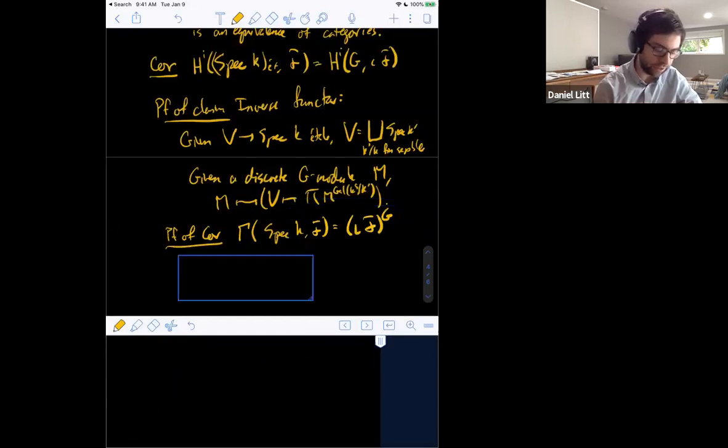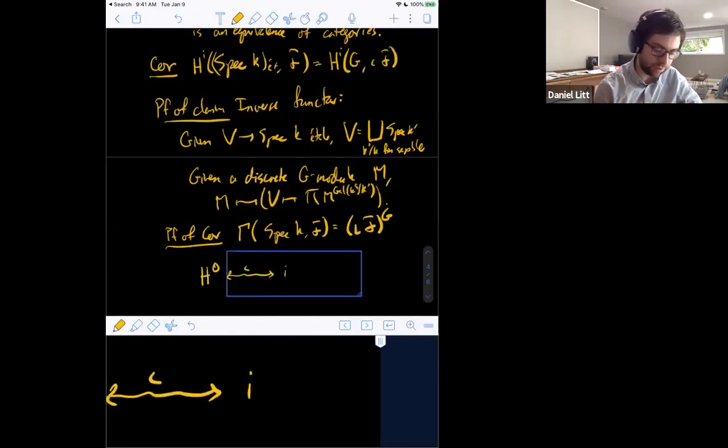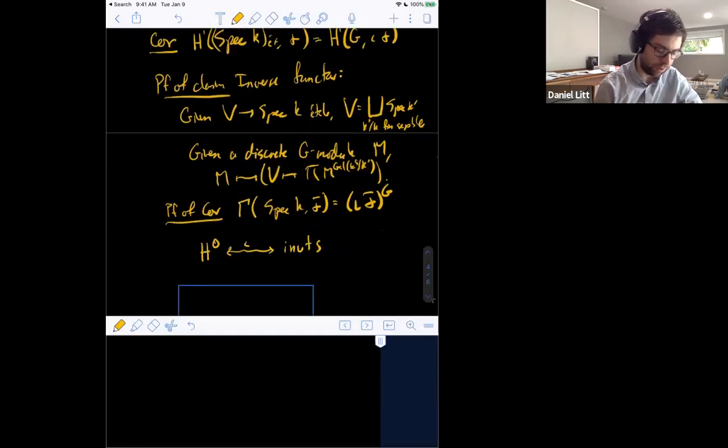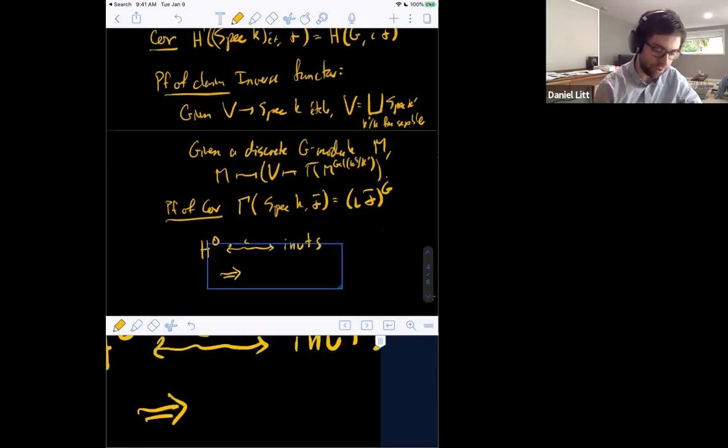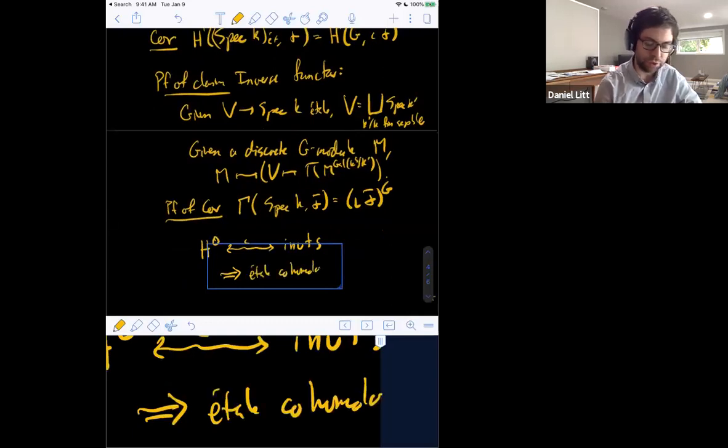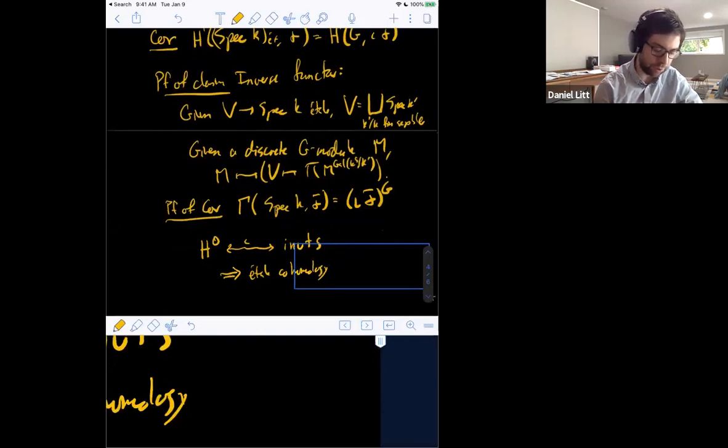So what that says is that H0 goes under this equivalence to invariants. And this implies by the formalism of derived functors that étale cohomology is the derived functors of taking invariants, so it's group cohomology.